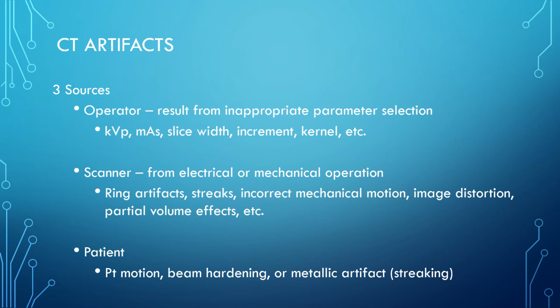With the scanner, typically that results from electrical or mechanical operation errors, and these would be ring artifacts, streaks, incorrect mechanical motion, image distortion, or partial volume effects. And then with the patient, the artifacts that occur are patient motion, beam hardening, or metallic artifacts, which will cause a streaking artifact as well.